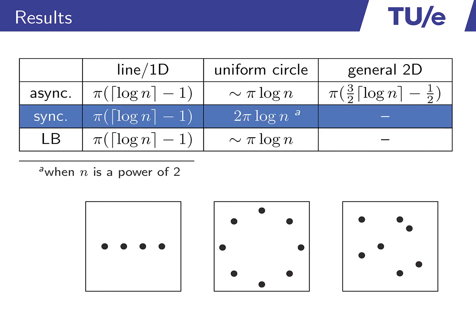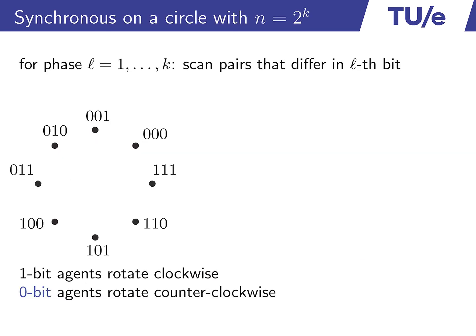In this video, we will take a closer look at the algorithms to create synchronous schedules. We first look at the case when all agents are uniformly distributed on a circle. We show a synchronous schedule for the case where n is 2 to the power k for some integer k. We label each agent in counterclockwise order.